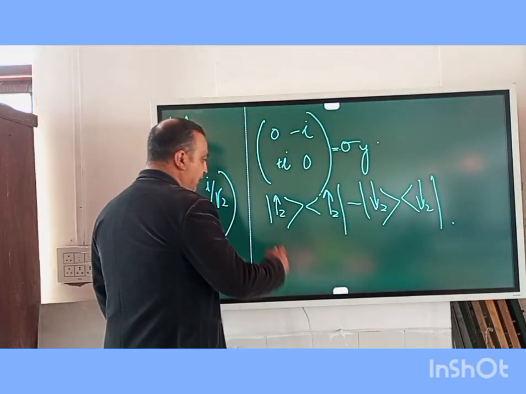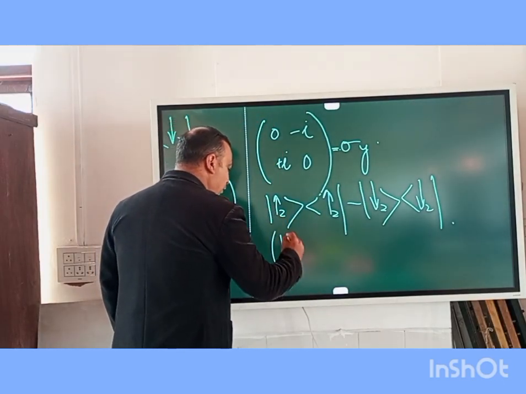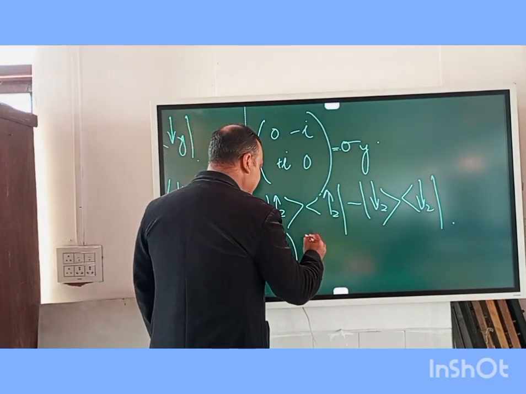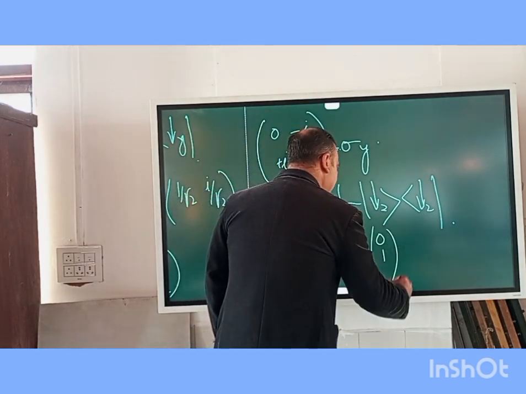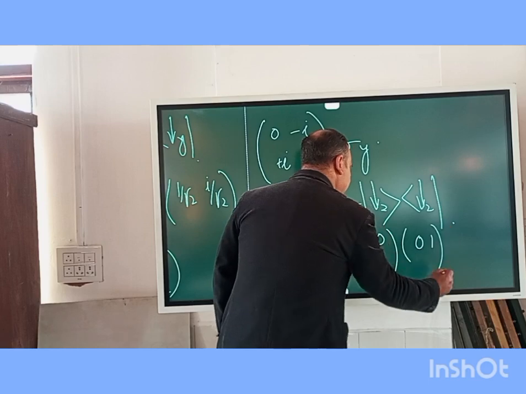Up z is 1, 0. And then this is 1, 0 times 1, 0, minus 0, 1 times 0, 1.